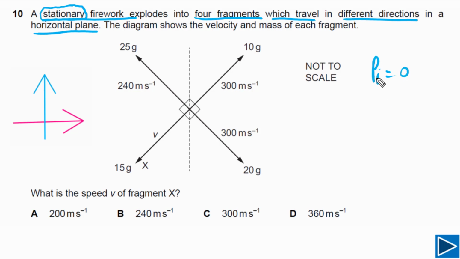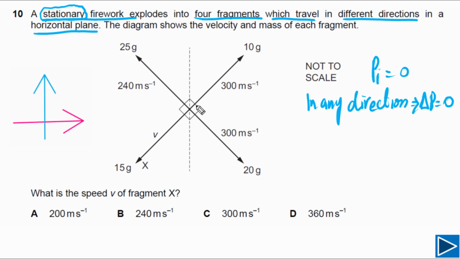So the final momentum also has to be equal to 0 because this is an isolated system. So in any direction, change of momentum has to be equal to 0. We can write in any direction delta P has to be equal to 0. This is the main concept we need to answer this problem.